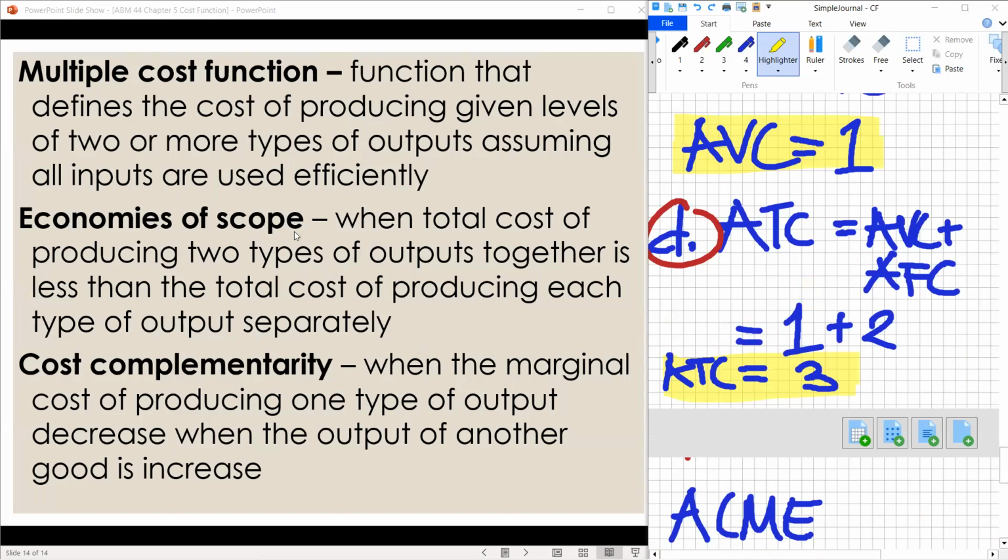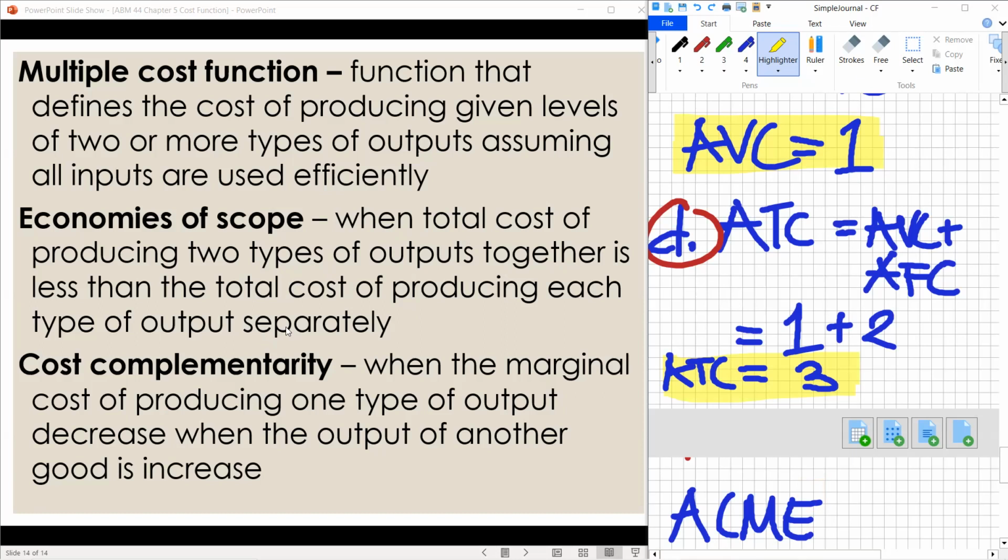We have economies of scope too. This is where the total cost of producing two types of outputs together is less than the total cost of producing each type of output separately.